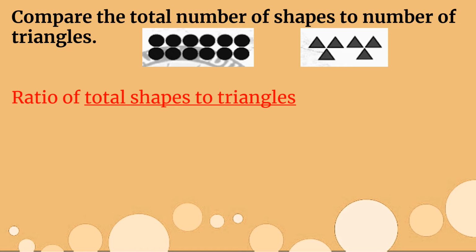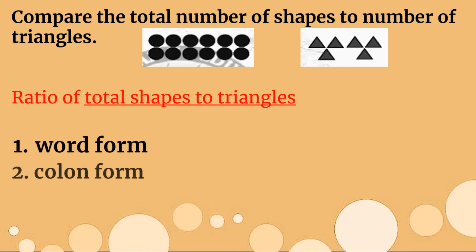Compare the total number of shapes to number of triangles. So, dito, tinatanong na is the ratio of total shapes, kabuuan na shape, circles and triangles, to the number of triangles. So, again, ilagay natin sila in three forms or three ways.